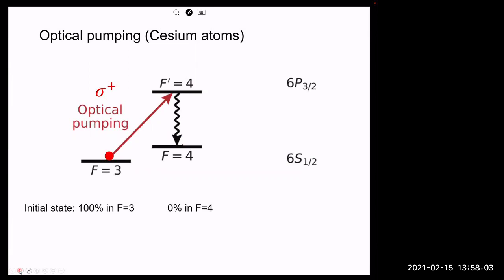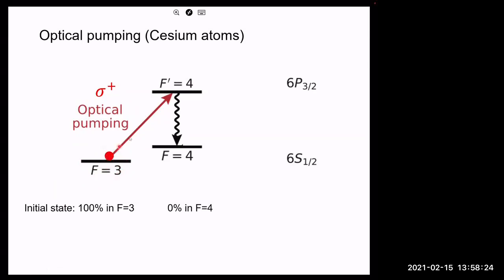I'm showing this process, called optical pumping. I think it also got the Nobel Prize in the 60s. First, let's consider a 2-level system. In our case, we're talking about a cesium atom, with the ground state F equal to 3, just some quantum number.